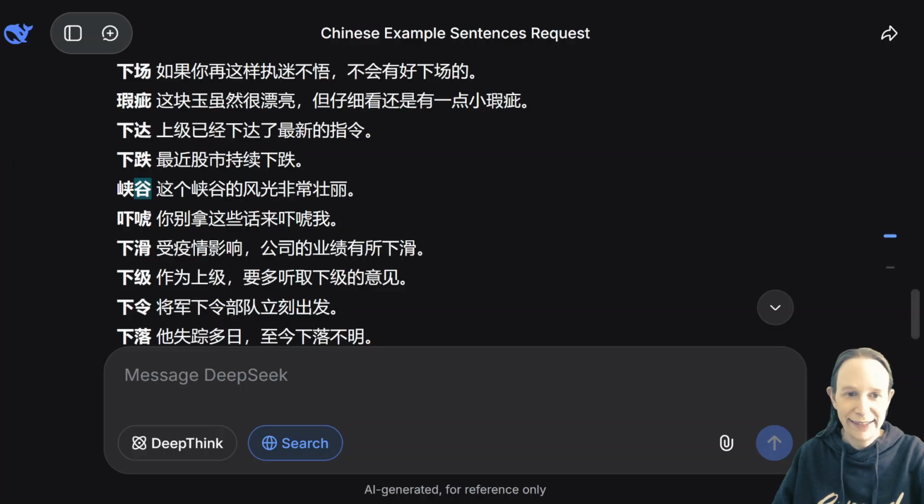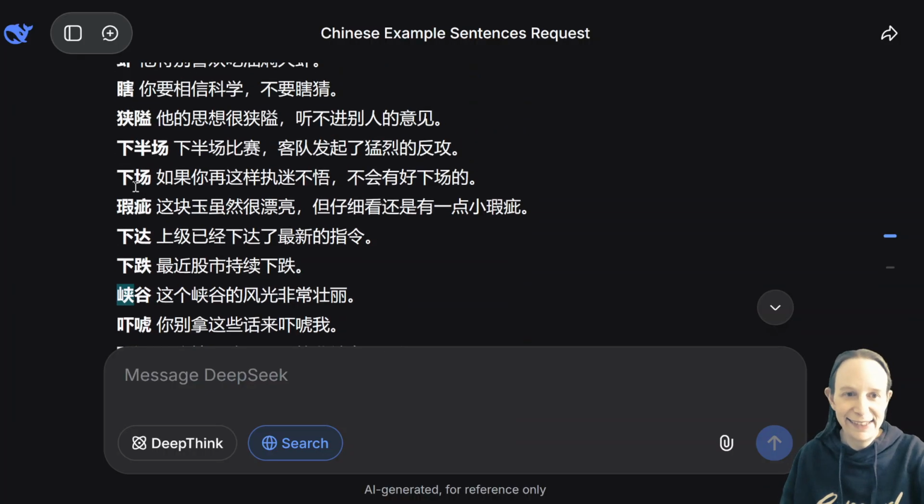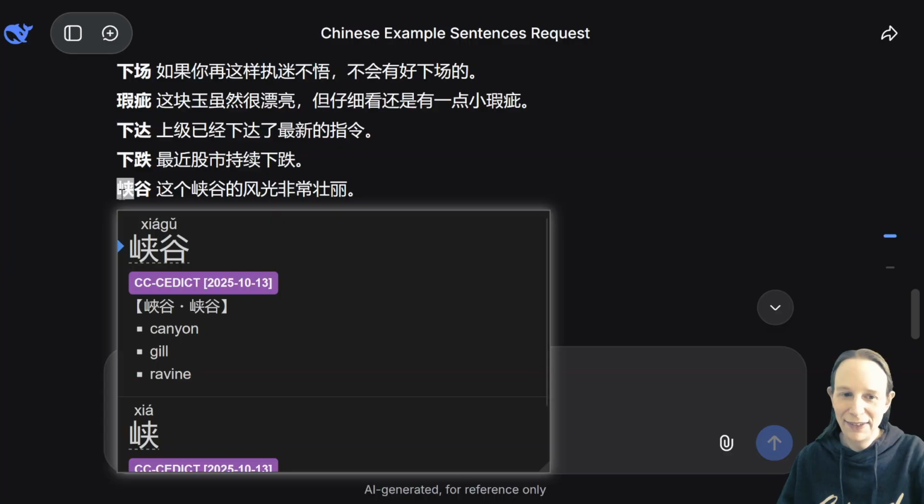Okay, so that's valley. 狭. This is a 狭隘的狭. Oh no, it's not. It's pronounced the same. It's got the same phonetic component, but this one is narrow and this one, I guess, is valley or a canyon or something. Canyon? What's the gill?